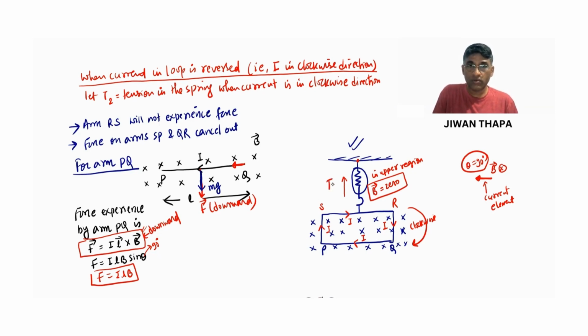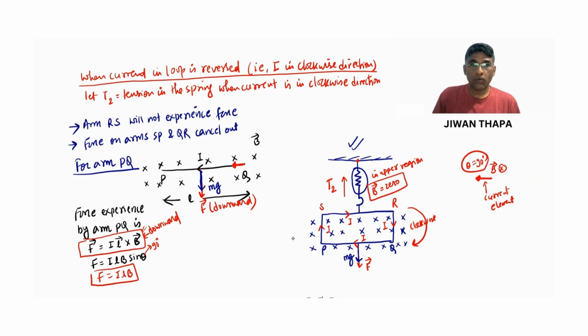So T2 acts in the spring in upward direction, and force on PQ acts downward, and weight of PQ acts vertically downward.